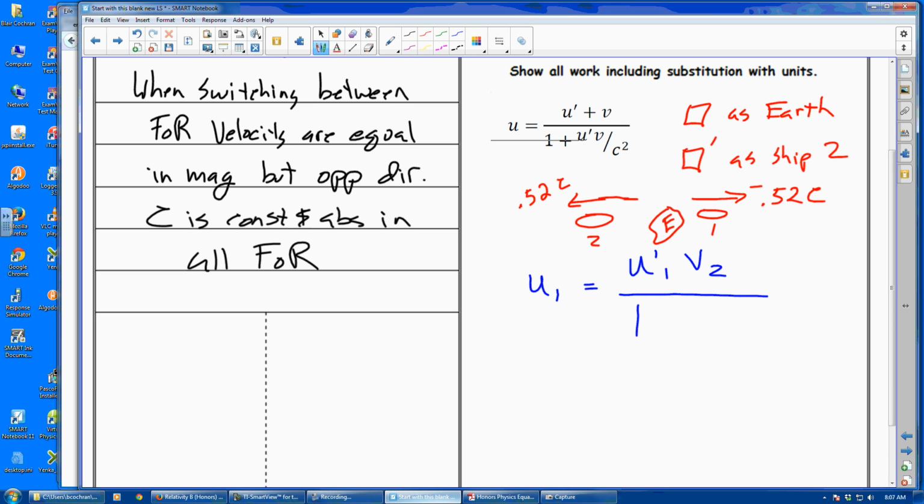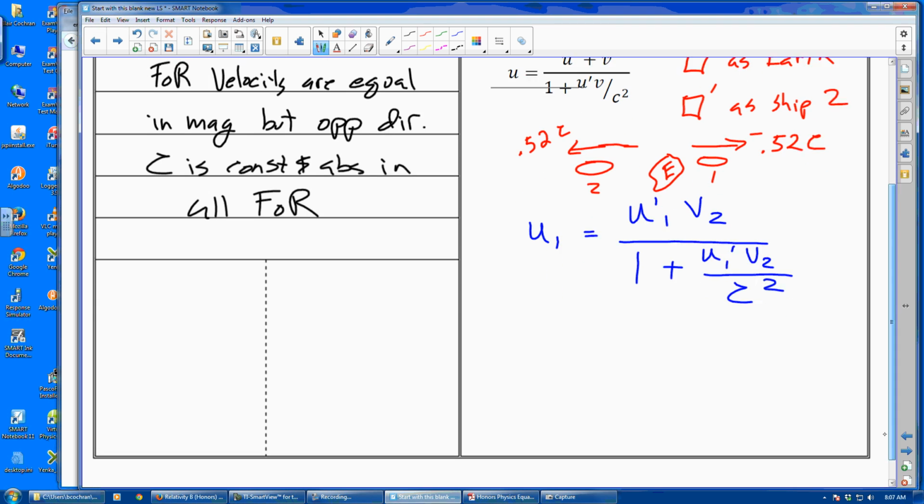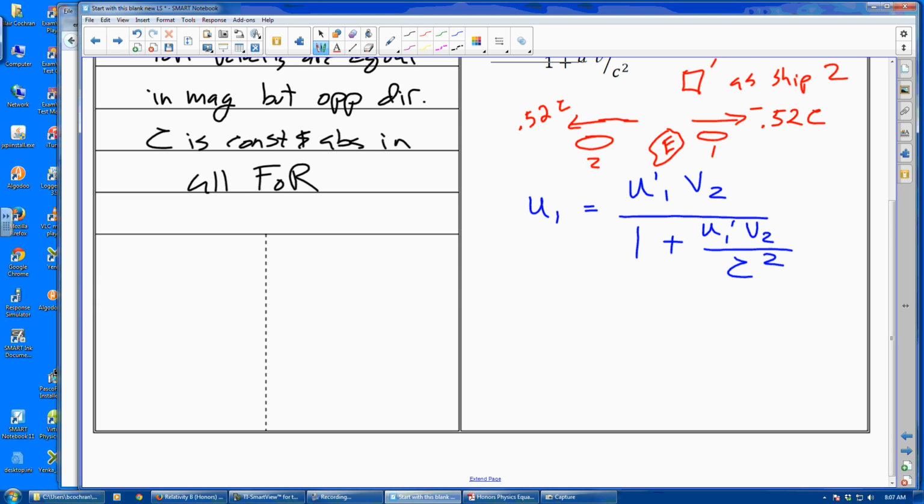So just as a reminder to myself, as I work my way down here. So I have u1, that's negative 0.52 c. That equals, oh, I forgot the plus up here, didn't I? Sorry. Thank you. Negative 0.52 c plus 0.52 c.